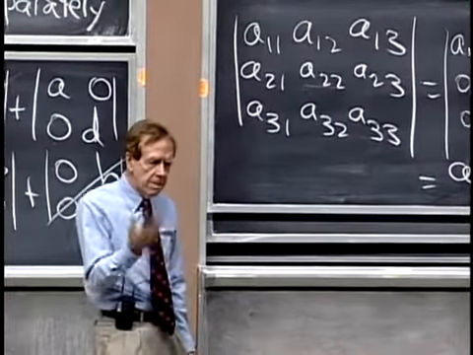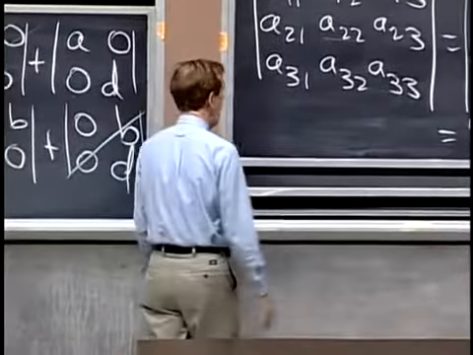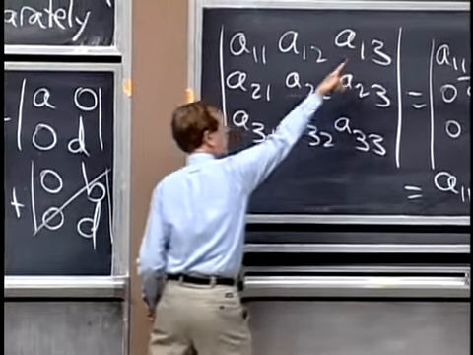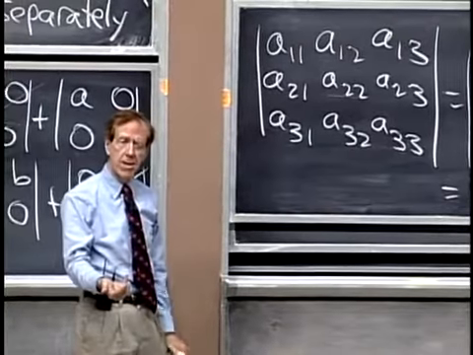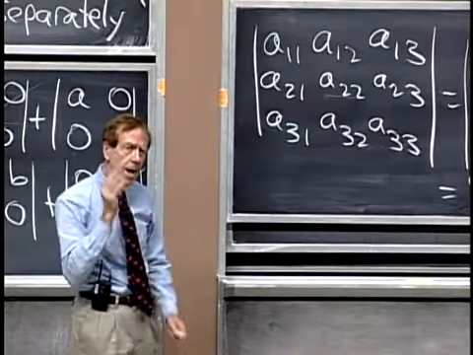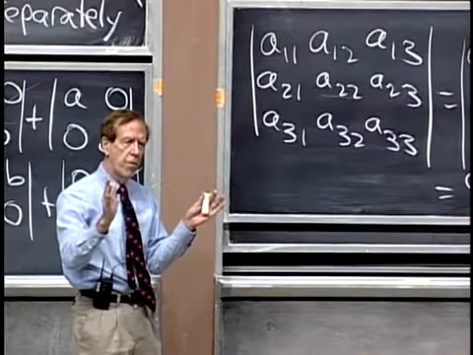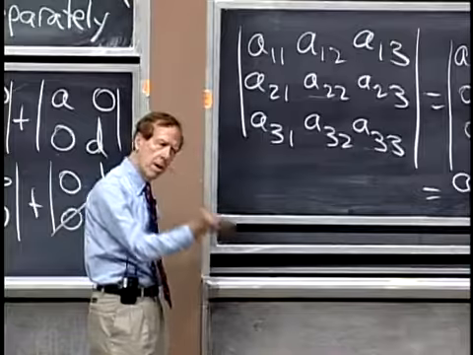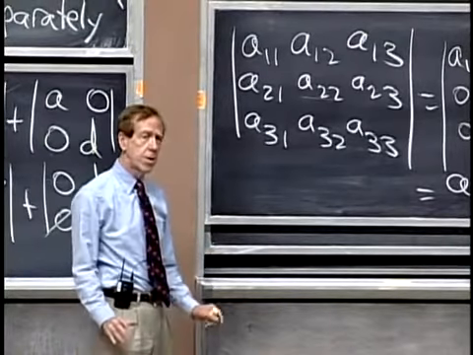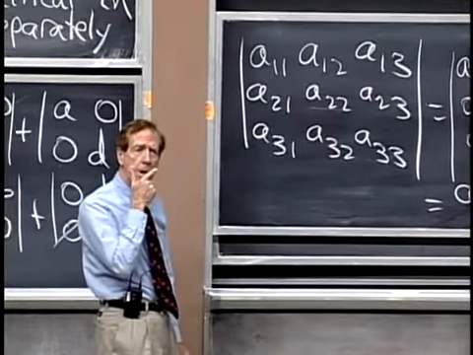For 4x4, let me just say right away, the cross diagonal, the wrong diagonal, happens to come out with a plus sign. Why is that? If I have a 4x4 matrix with ones on the counter diagonal, that determinant is plus.